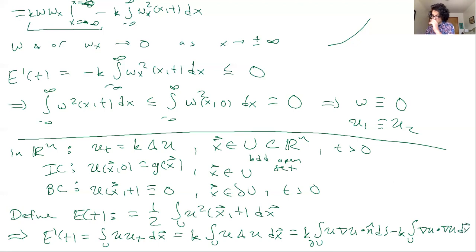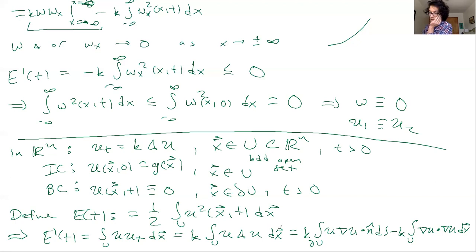So I want you to look at this boundary term here. It's just the result of multi-dimensional integration by parts, just like these boundary terms that we get in one-dimensional integration by parts. It follows from multivariable calculus.